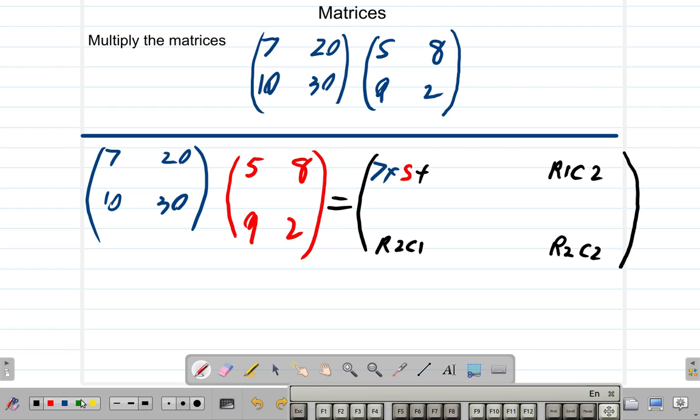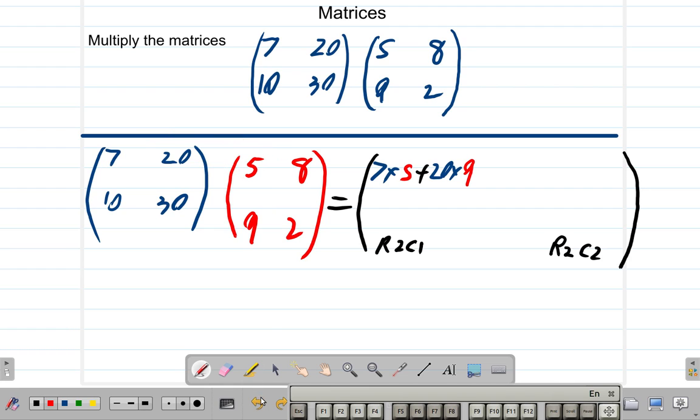So what we have here is 20 times 9. See that? We follow the same argument for row 1, column 2. 7 times 8 plus 20 times 2.